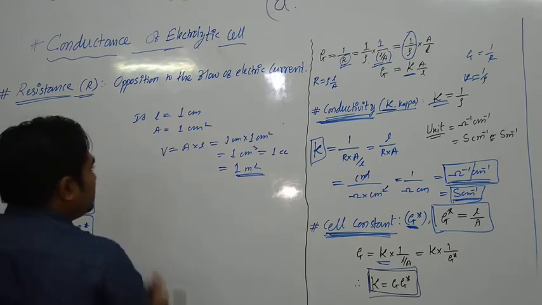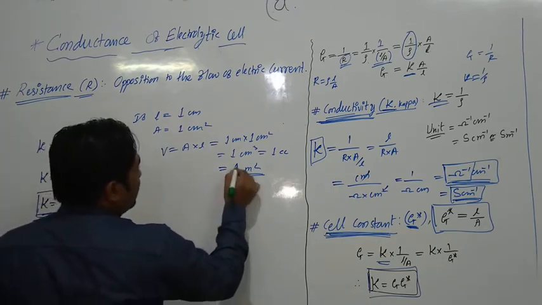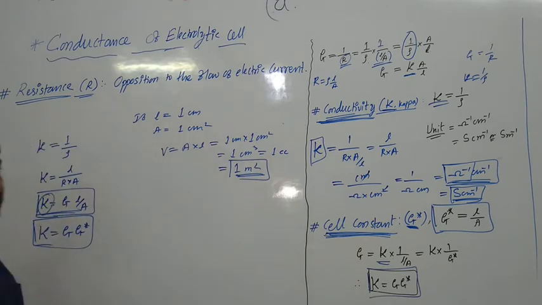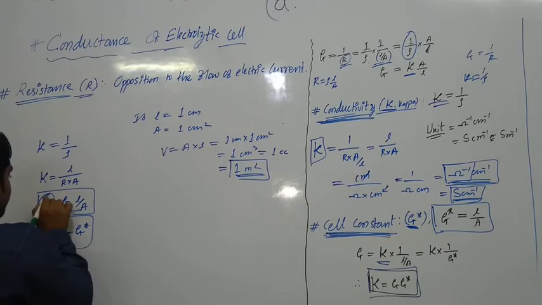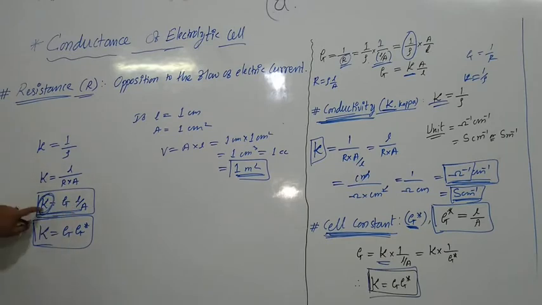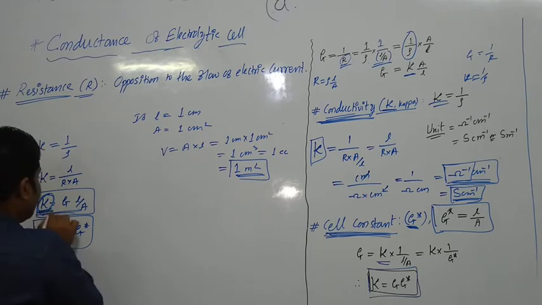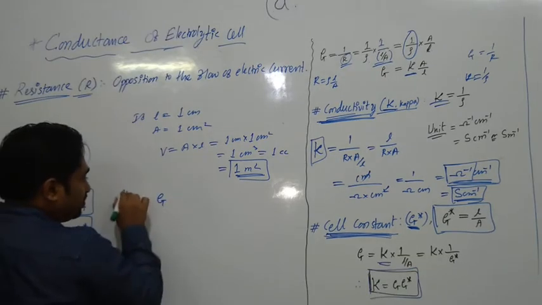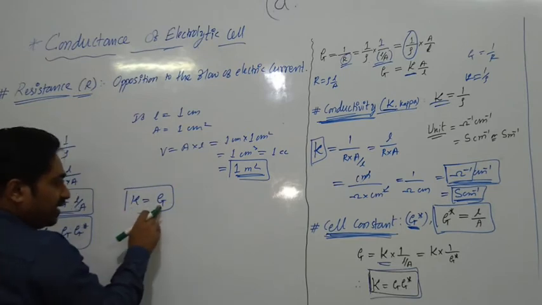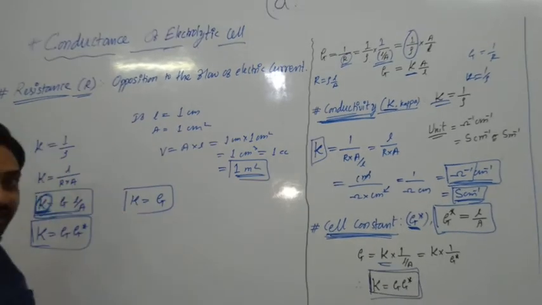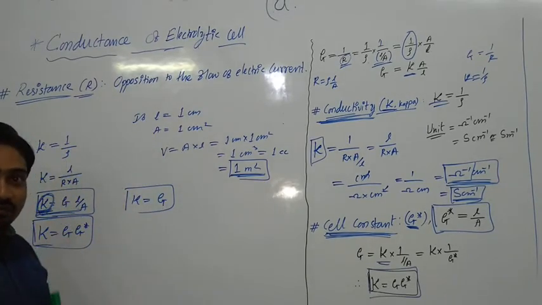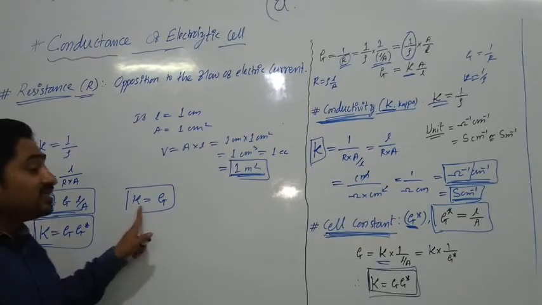Now from this you can write, see here, the specific conductance or conductivity of a cell, kappa, is the conductance of the cell of 1 ml solution. Conductance of 1 ml solution is called conductivity.